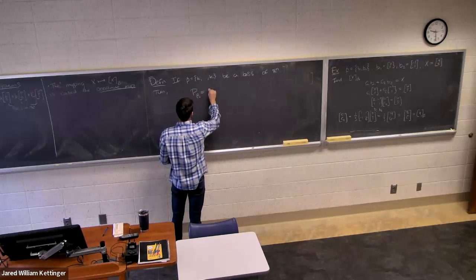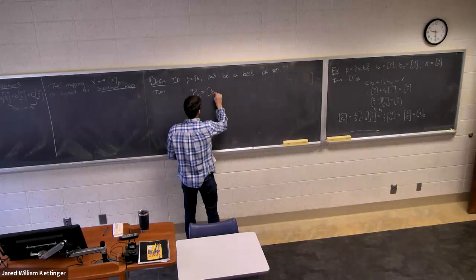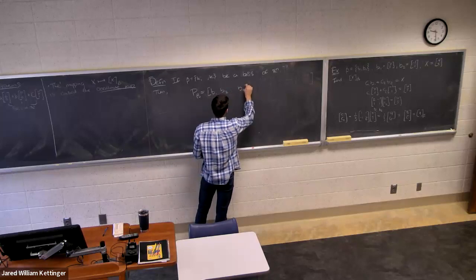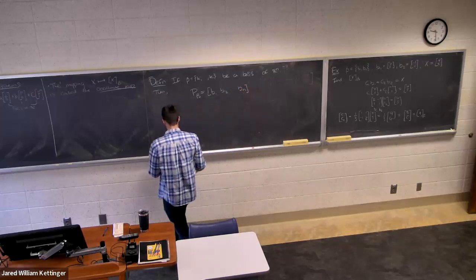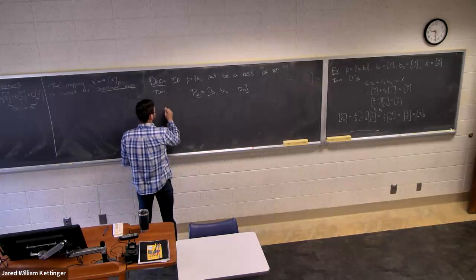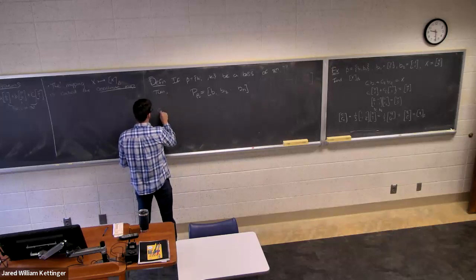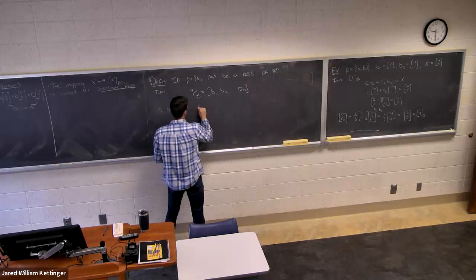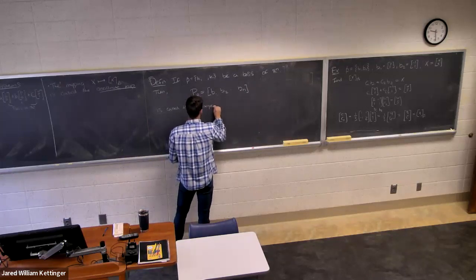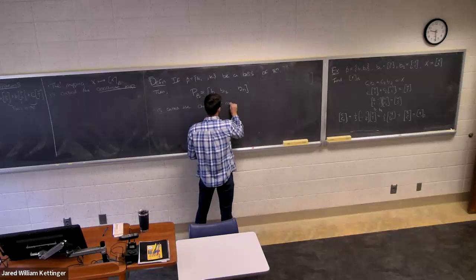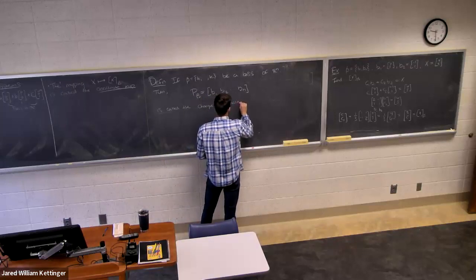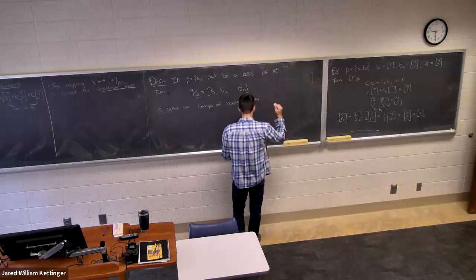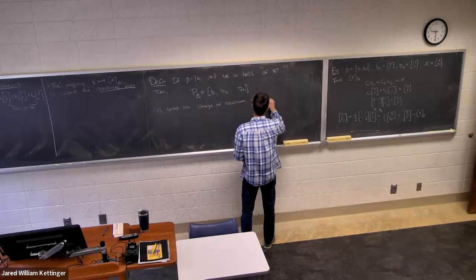Then this matrix is called the change of coordinates matrix from beta to the standard basis in Rn.